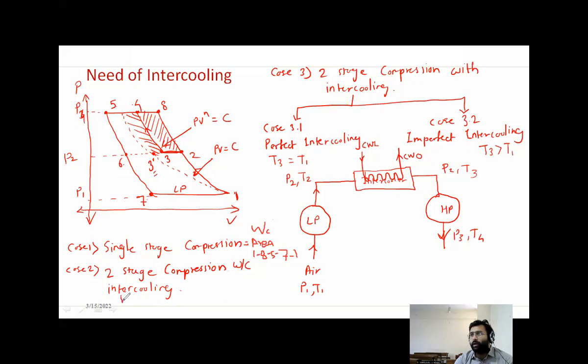Here, what will the work done be? Here, work done will be equal to, first the low pressure. The low pressure मतलब area क्या है? 1 to, let us say, 2 to 6 to 7 to 1.